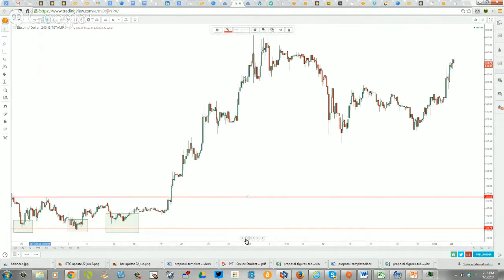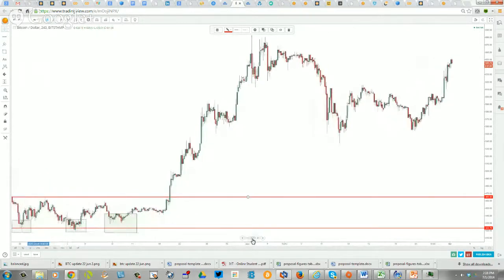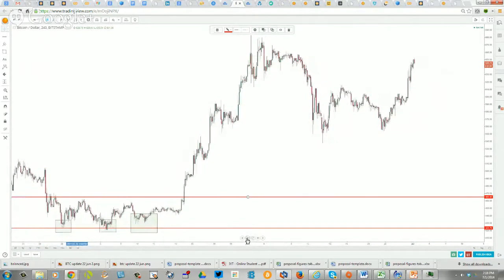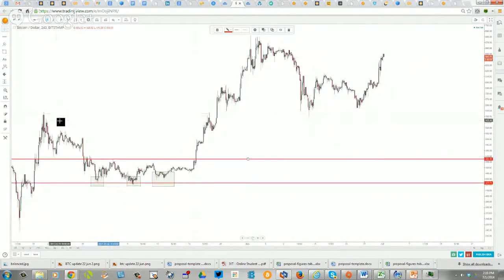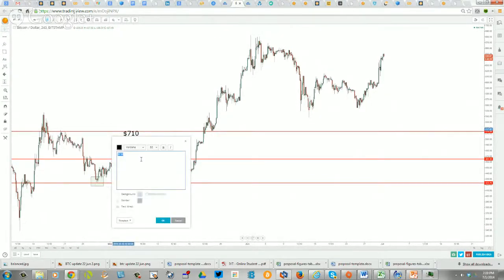And I'm not going to be too worried about scale, but you can see as I scale up and down that what's significant now was significant in the past. So if I look over to the left here, I can see that this area was significant. And you see this price level here is at 514. Yes, it hit 514 and then it swung, it went down.